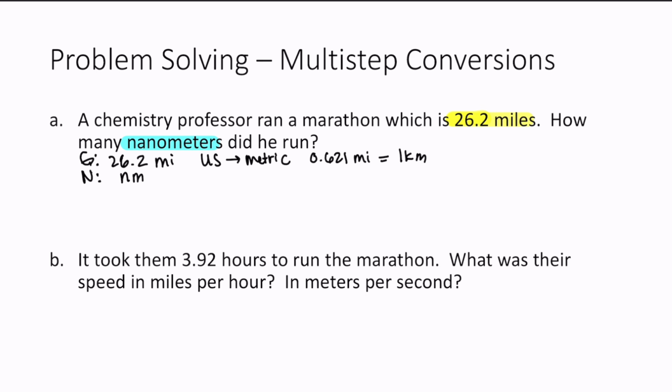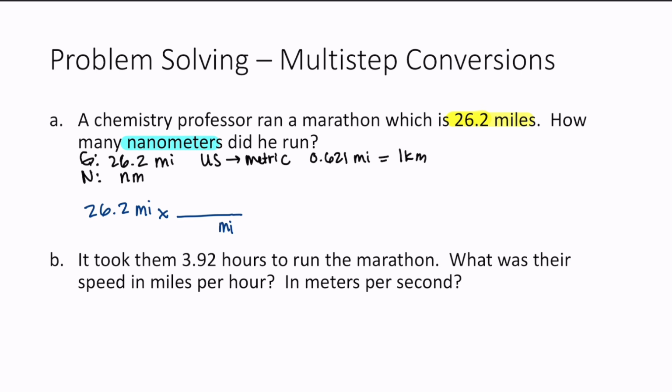Sometimes when you're doing these problems, it can be difficult to really know which conversions you need before you start the problem. So sometimes I just like to start the problem and then figure out where my problem takes me. Just like with the other problems, I'm going to start with my given. And this tells me that I have to have a conversion factor that has miles on the bottom.